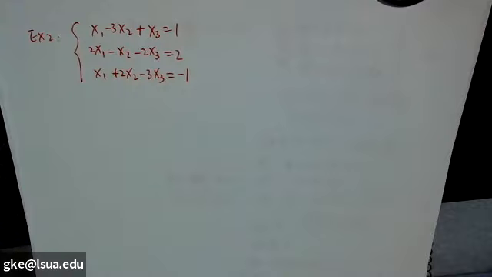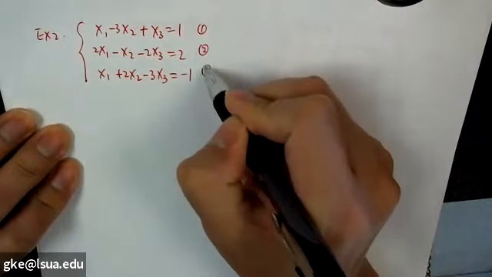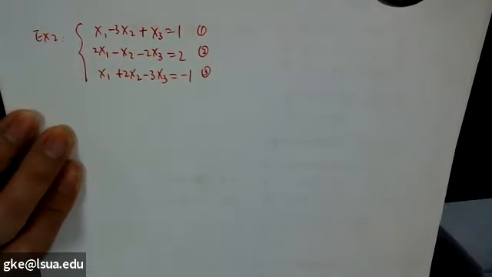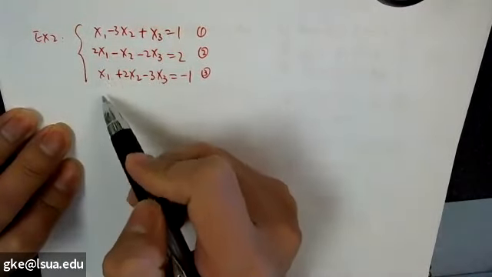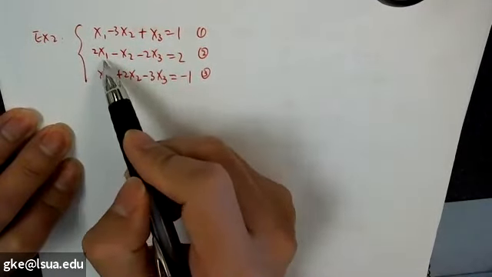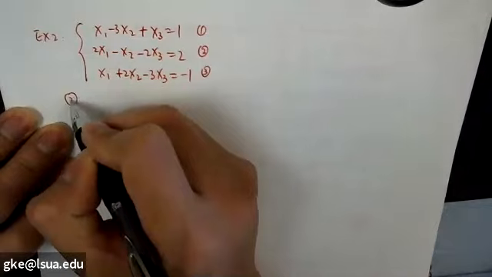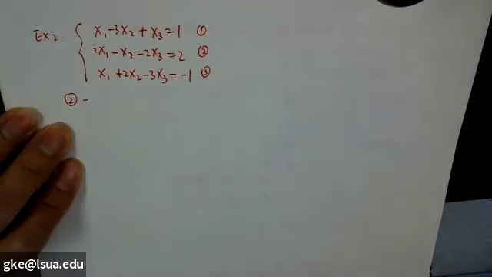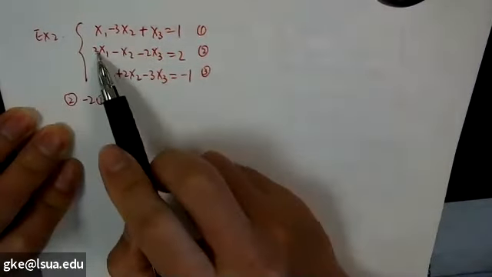Okay, I'm gonna show you on board. So 1, 2, 3. Like we did before, we want to eliminate the x1, right? For the x1 in equation 2 and equation 3, what are we gonna do? We need to subtract 2 times x1 because here's 2x1.